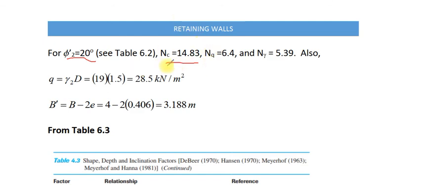Now N_q equals 6.4 and N_gamma equals 5.39.